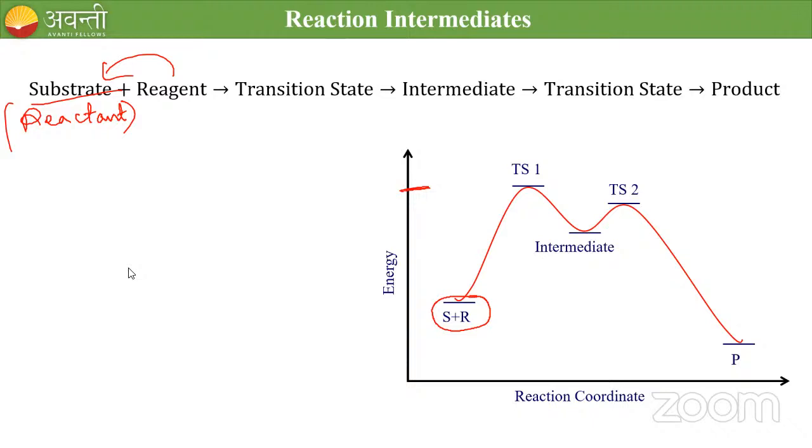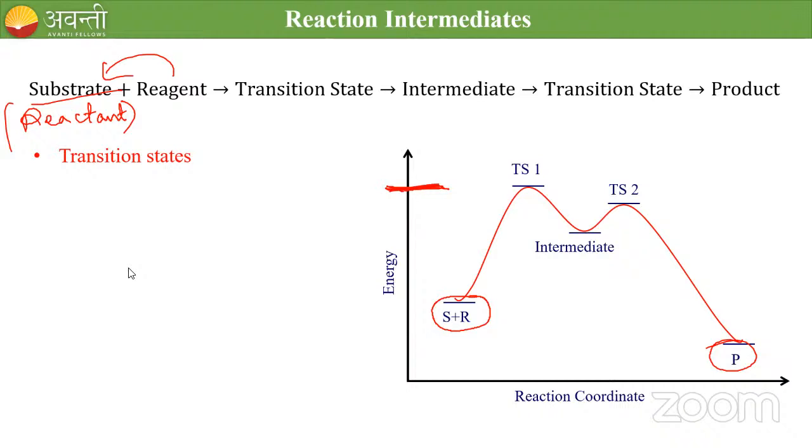After some time, the intermediate is formed, then transition state 2, and finally we are getting the product. Clear? Now let me give you some information about transition states. Transition states are high energy compounds, high energy containing compounds, right? You can see here.